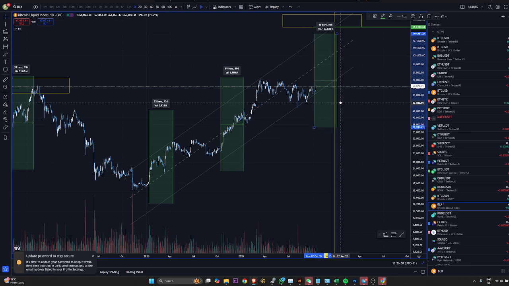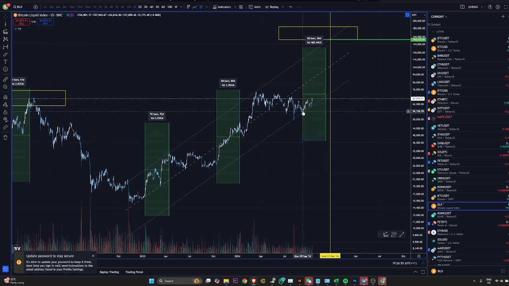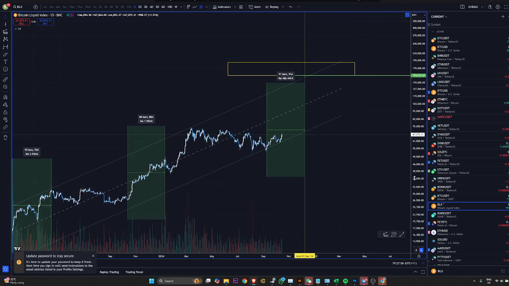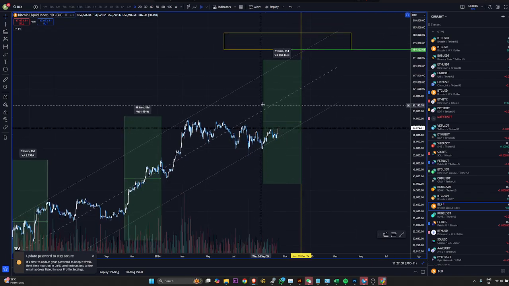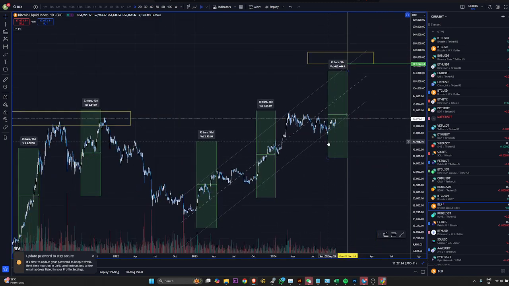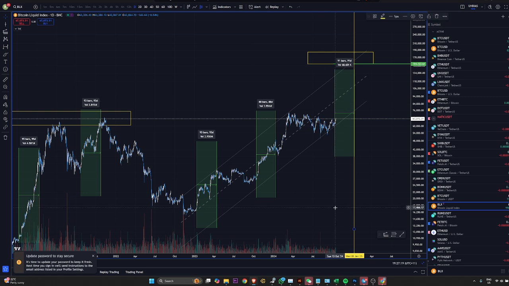And something that I'm looking at the moment, if we were to be ending in the December period, is that if we measure from here, perhaps the top for Bitcoin comes in early to mid-December. Should this price action continue, right? So that's one thing worth looking at. It might even be that we measure it from here and it goes into early January before the price action tops. It really depends on how the stock market performs.